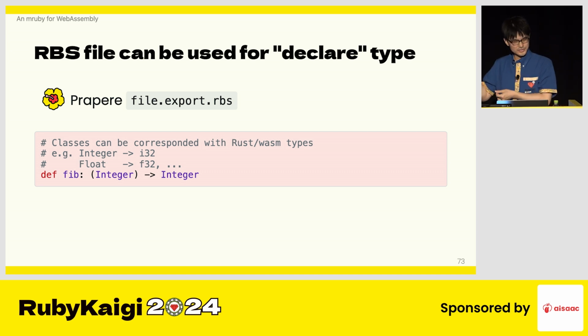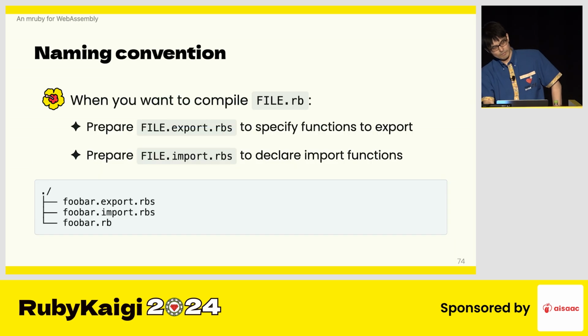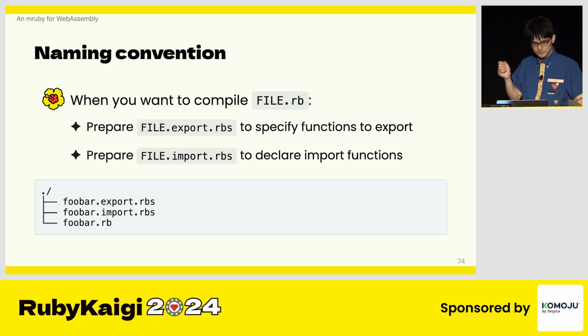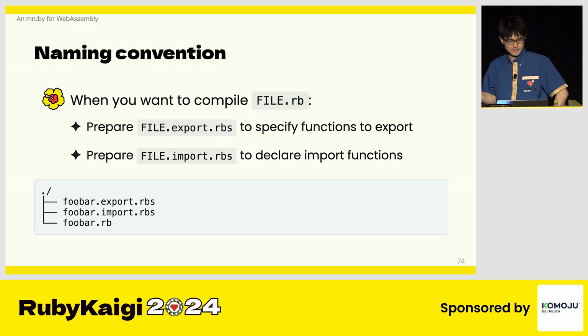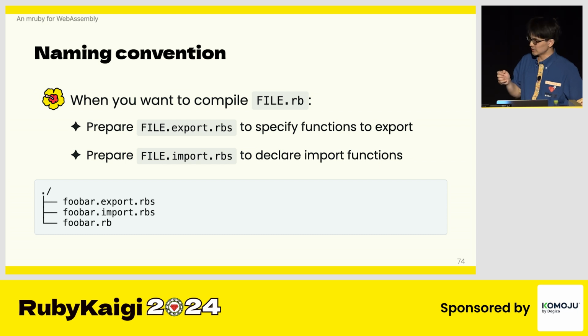And this is a new use case of RBS, I think. So mruby edge has naming conventions. When you want to compile file.rb, you must prepare file.export.rbs or file.import.rbs.